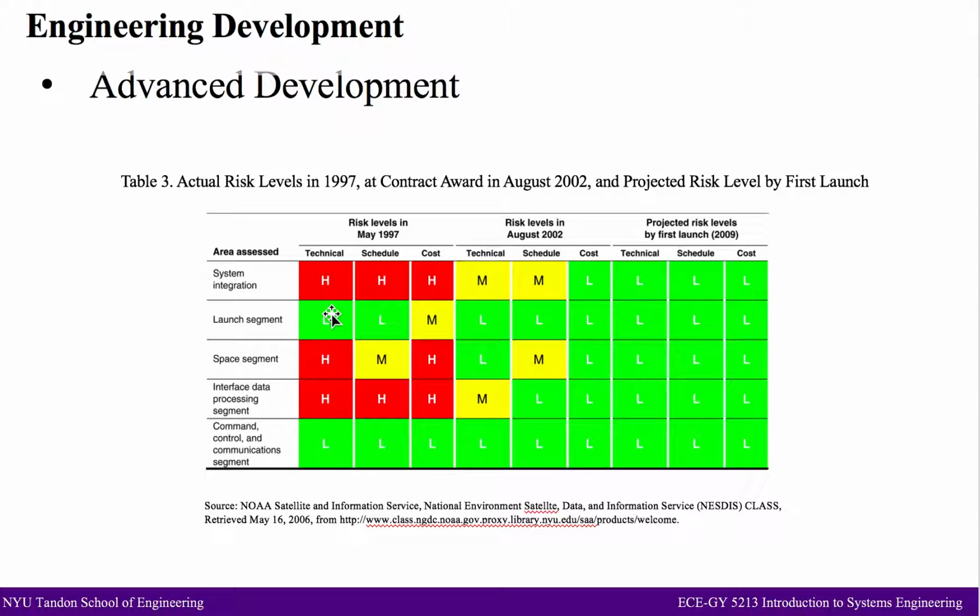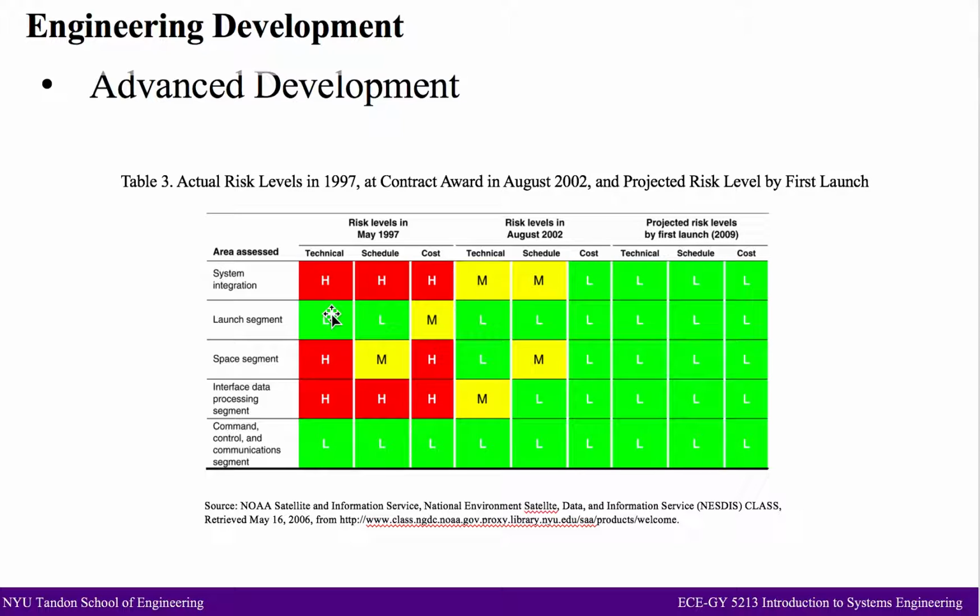The space segment was assessed to be high risk in the technical and cost areas, and moderate risk in the schedule areas. The launch segment and the command, control, and communication segment were determined to present low and moderate risks.